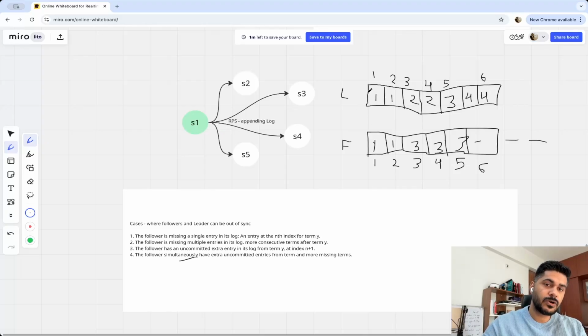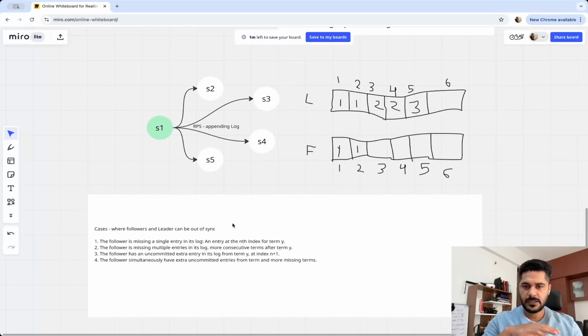What could have happened here is, first your leader sent something, then the leader failed, then your new leader came into the picture and sent some entries, and this particular follower might have failed at this time. Hence the leader is having these values, but this follower is still trying to follow the previous leader. So hence there is a big gap, some extra entries plus missing entries, right? So this is another scenario which Raft has to take care of.